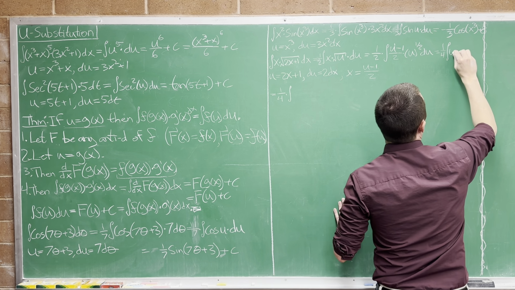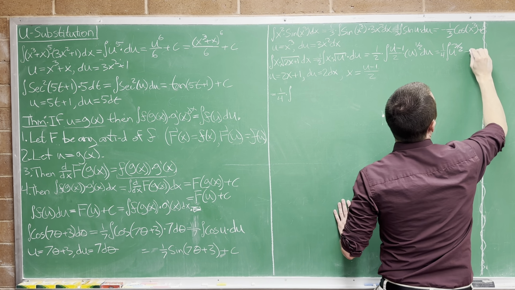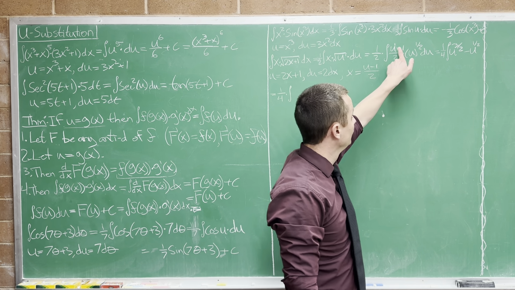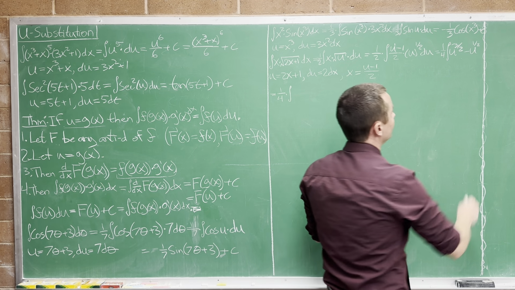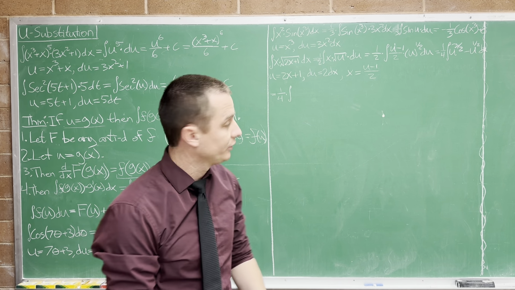We have u to the 3/2 minus u to the 1/2. Negative 1 times u to the 1/2 minus u to the 1/2 du. Right? Okay, now let's evaluate that.